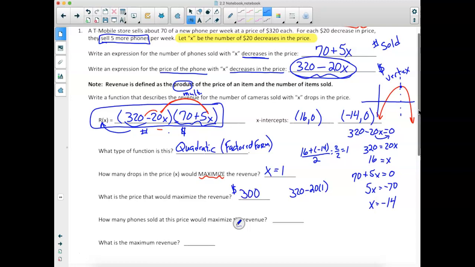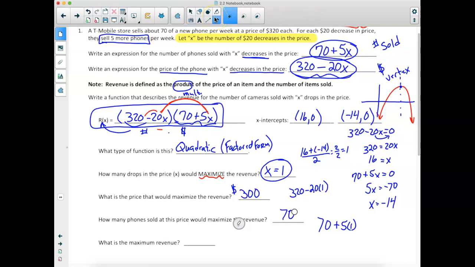How many are they going to sell at $300? They dropped the price one time, so I'm selling 70 plus 5 more for every price drop. Bonehead, 75 phones are sold. I've got to get my 5 in there.